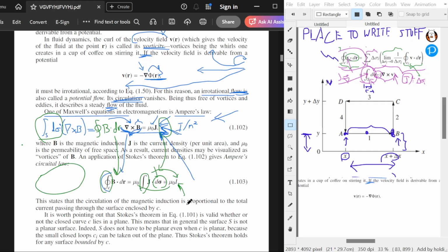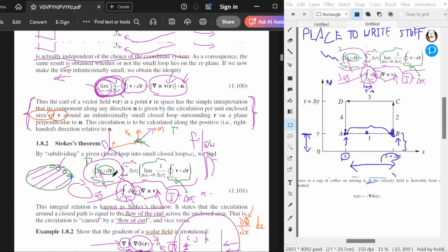Circulation of the magnetic induction is proportional to the current passing through the surface enclosed by C. So we have this current is proportional to the circulation of B inside the curve or around the curve. Where is this B? Circulation of B, the curl of B.